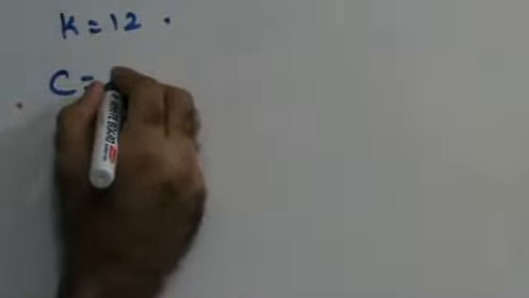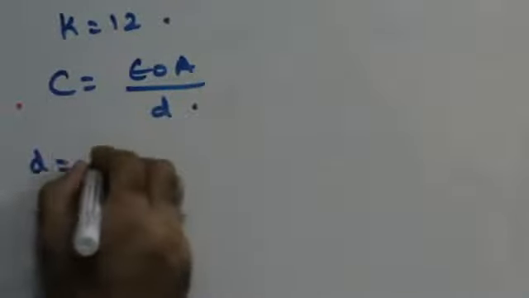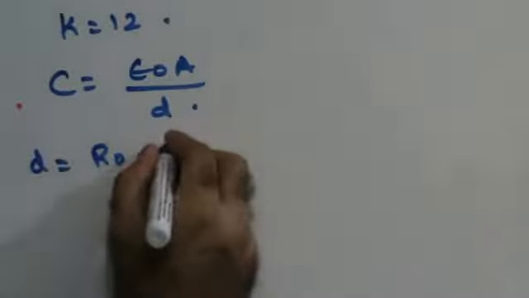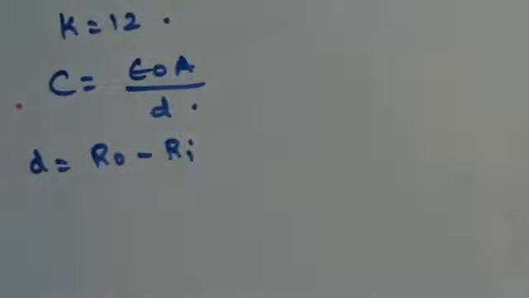Capacitance is epsilon 0 A upon d, right? Now what will be the distance between these two plates? The distance will be nothing but R0 minus Ri, the outer radius minus the inner radius, right?